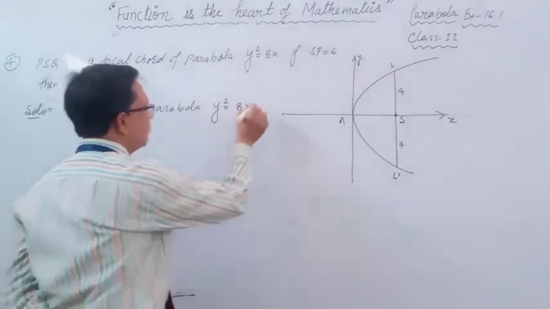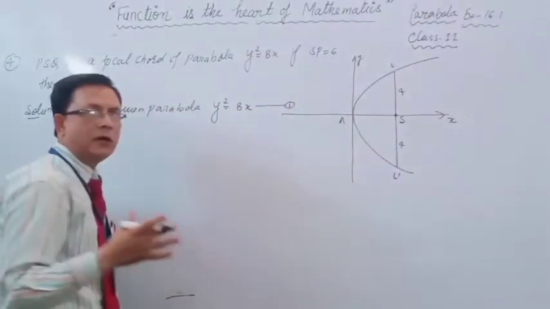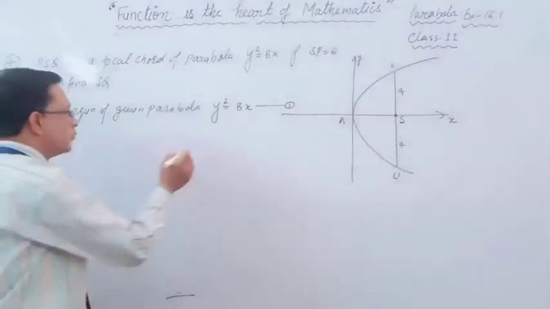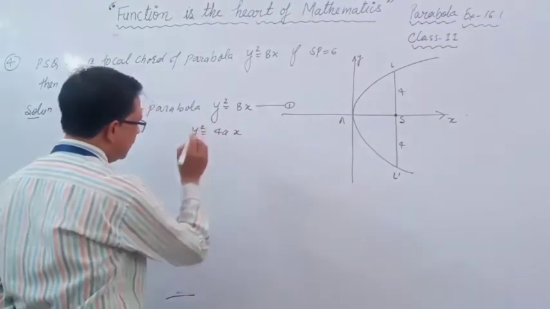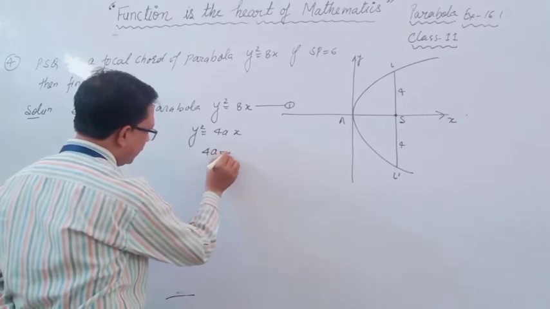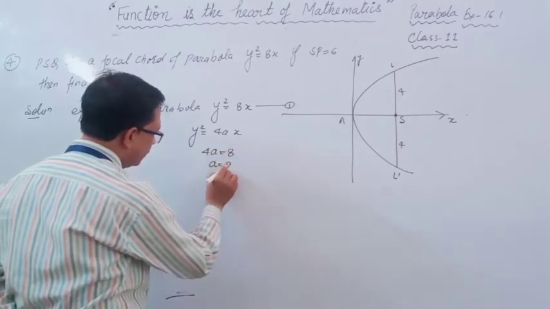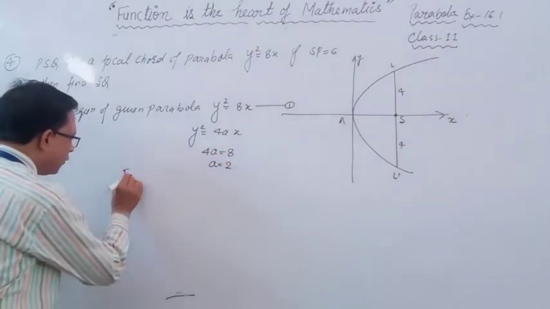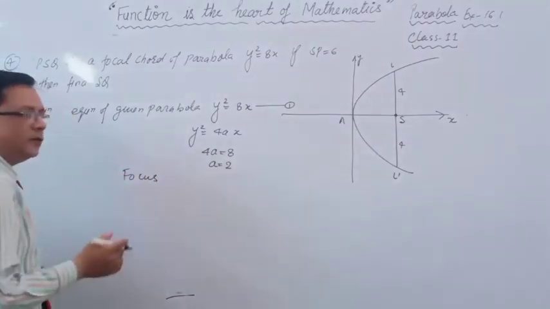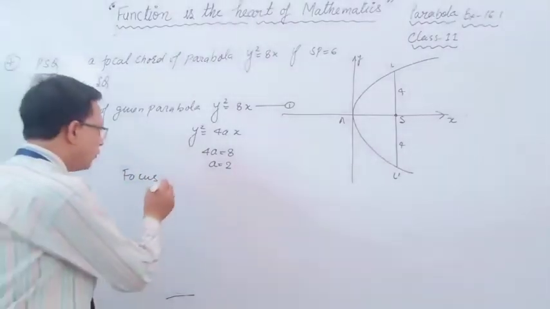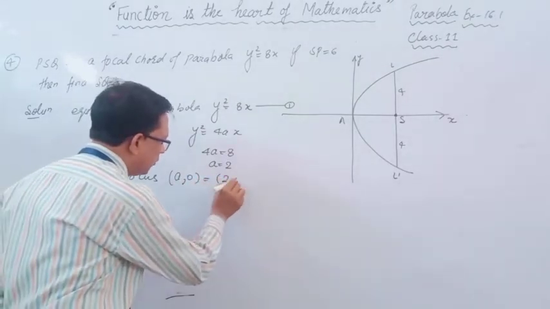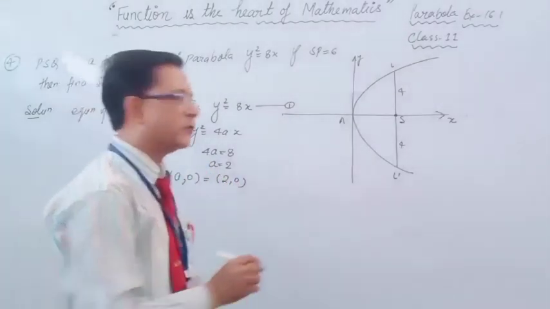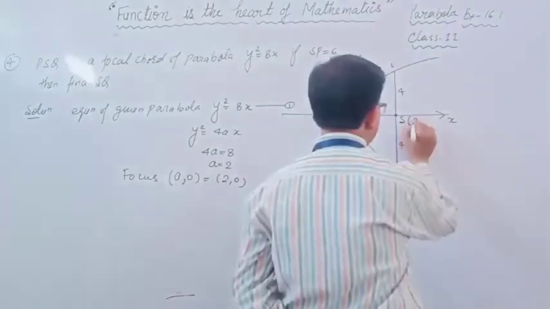Now if we compare this parabola with the standard equation y square is equal to 4ax, here 4a is equal to 8, which means a is equal to 2. So what is the focus of this parabola? The focus is (a, 0), which means (2, 0) is the focus. So here we write the focus.